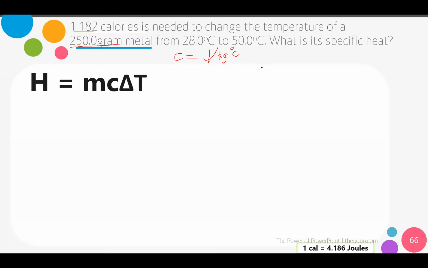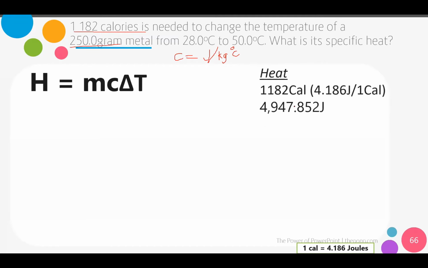So convert natin first si calories into joules. So 1,182 times 4.186 joule divided by 1 calorie. So cancel yung calorie. So the result is 4,947.852 joules. So ito yung converted heat.